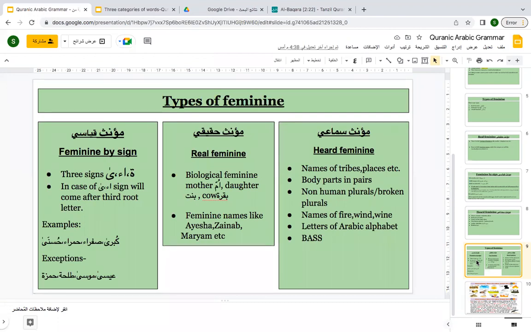But everything under the sama'i feminine category is just because Arabs have treated it like that. There was no reason or rhyme.